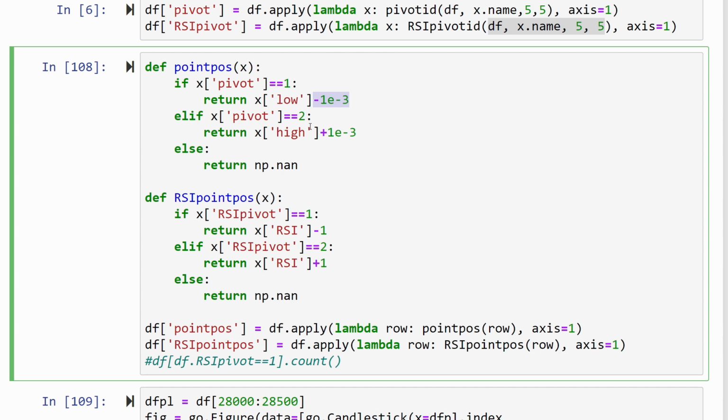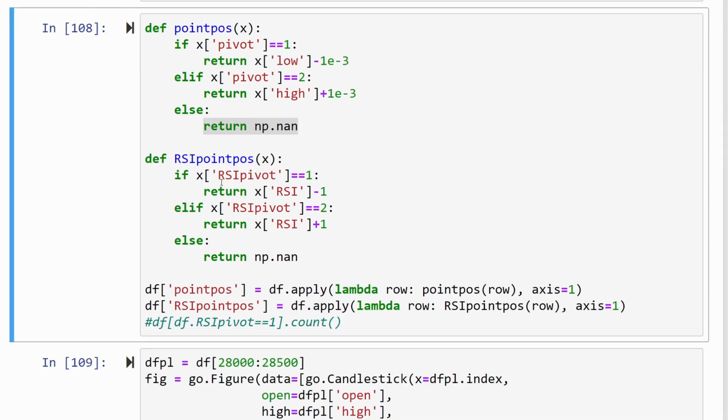Then if it's a pivot high, I'm going to put the point slightly above the highest value of the candle. If it's not a pivot point, then we're going to return a numpy nan value, which is not really a numerical value, because we would like to discard this in our graph. Then for the RSI, it's the same.